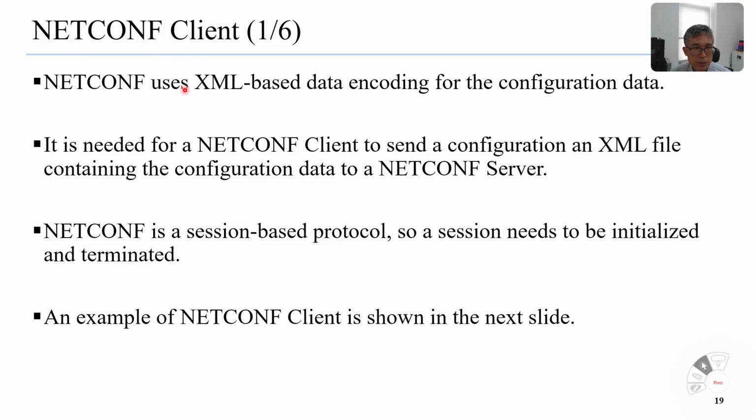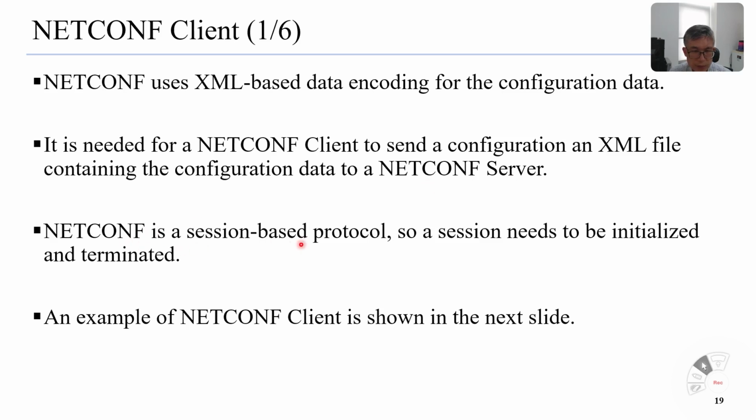In the NETCONF client case, we can see NETCONF uses XML-based data encoding for the configuration data. It is needed for a NETCONF client to send an XML file containing the configuration data to a network configuration NETCONF server, and then you can configure the NETCONF server.